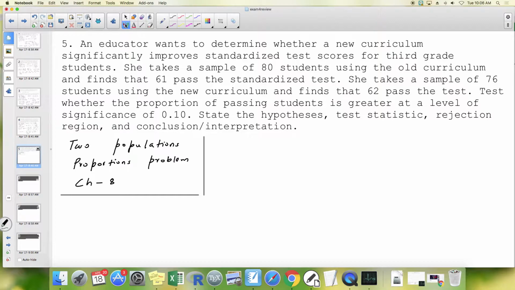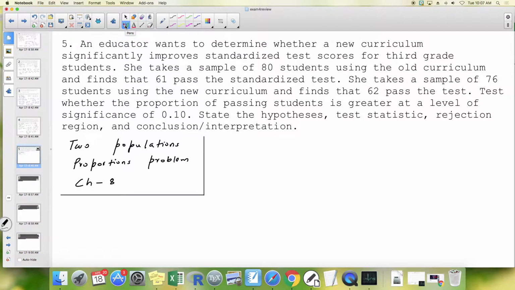Alright, so let's write down what data we have. We have two groups, group 1 and group 2.